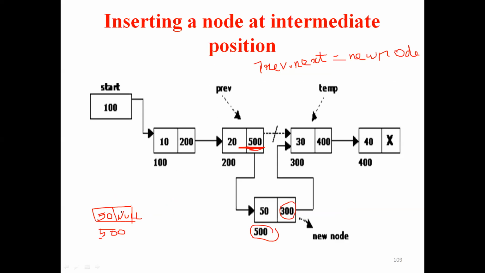How will I access this field? New node, new node. Oh, so I have used dot here. Okay. It should be what? Arrow operator. Since I use dot operator, you can use arrow.